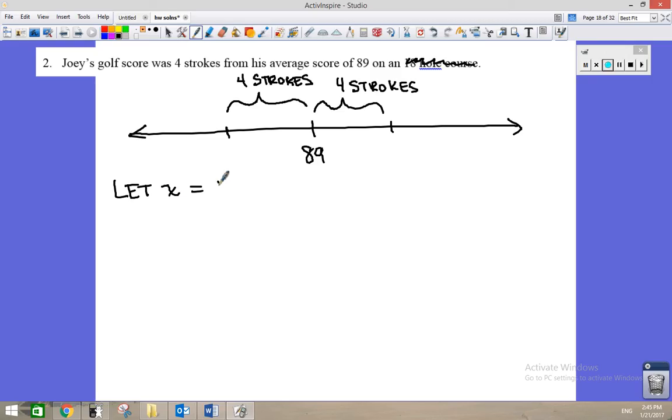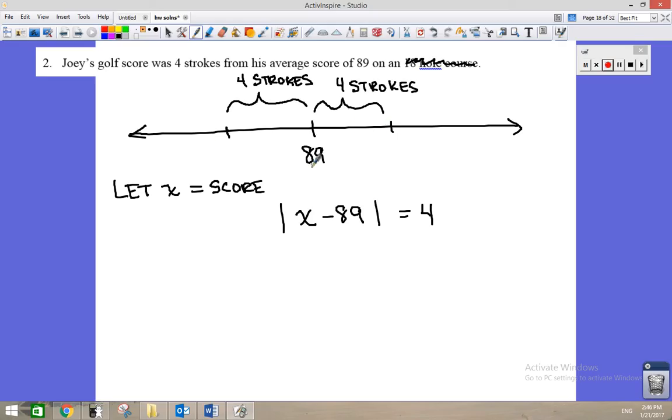Okay, so if we let x equal his score, not his average score, but his score for this specific day they went golfing, an absolute value equation that we can solve to get this score is the absolute value of x minus 89 is equal to 4. So you always pick your variable x to be here or here.